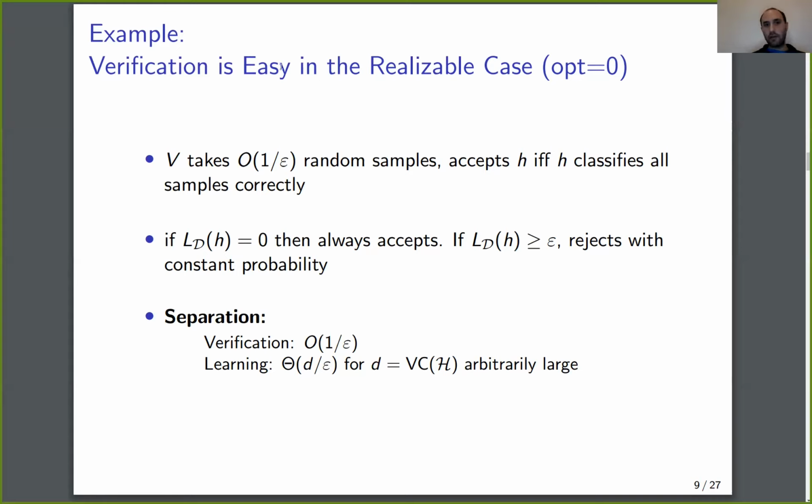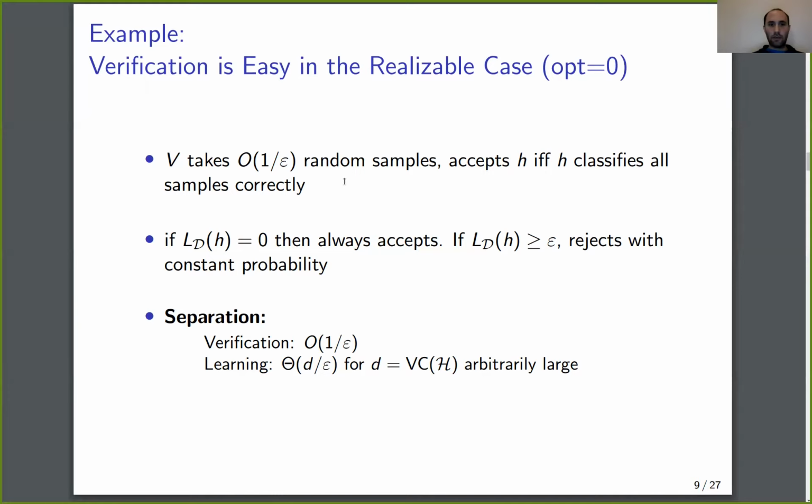And why is that? Generally, the verifier can take order 1/epsilon random samples, and it will accept the hypothesis that the prover provides if and only if that hypothesis classifies all the instances in the sample correctly.